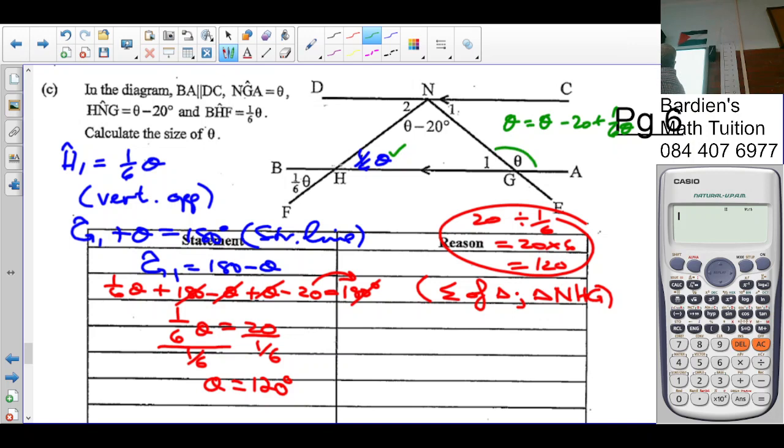Exterior angle is equal to the sum of the two interior opposites. Okay, so that would have simply been that theta is cancelled, so 20 is equal to 1/6 theta, so theta is equal to 120. So it would have saved this long calculation. Okay. That could have worked as well. Exterior angle of triangle.